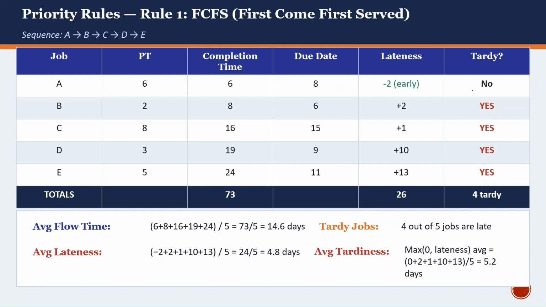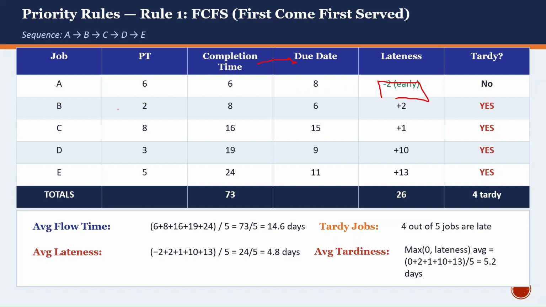Is it tardy? No. Tardy means the job is late. If the lateness is positive, then we'll say it is a tardy job. Since the lateness is negative, it is early, that is good.